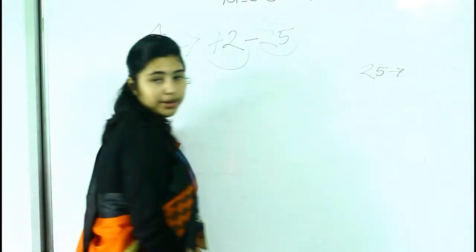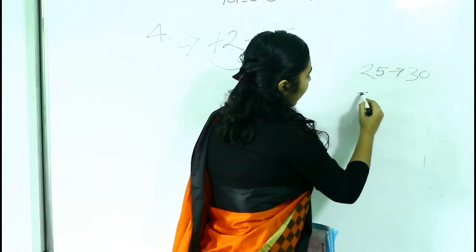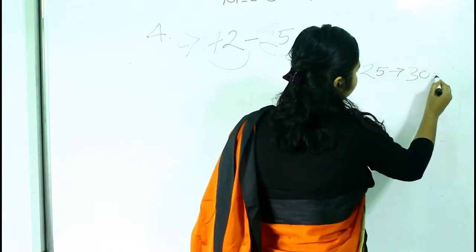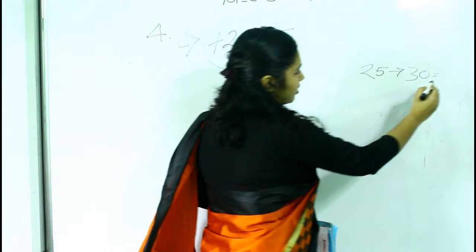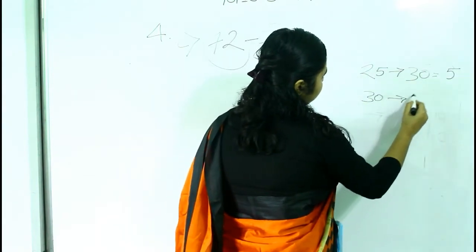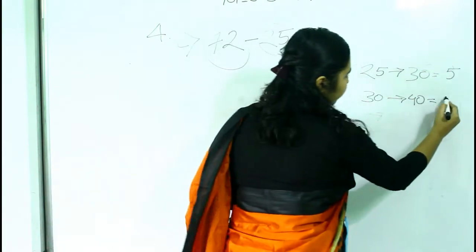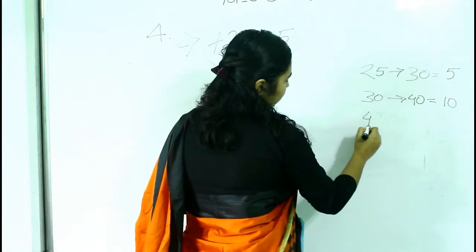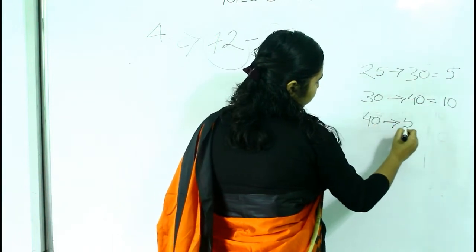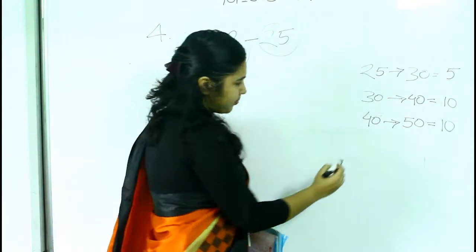After 25, the tens digit is 30 and the difference between 25 and 30 is 5. Now take 30. Next tens digit is 40. The difference is 10. Next from 40, we will take 50 and the difference is also 10.